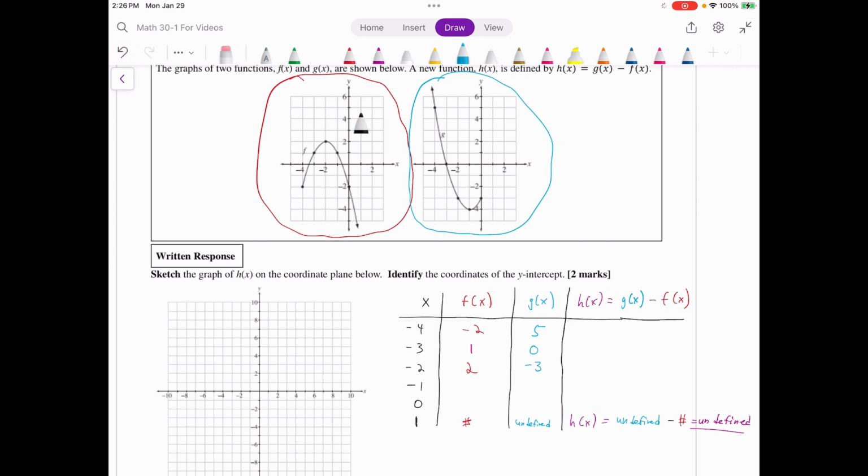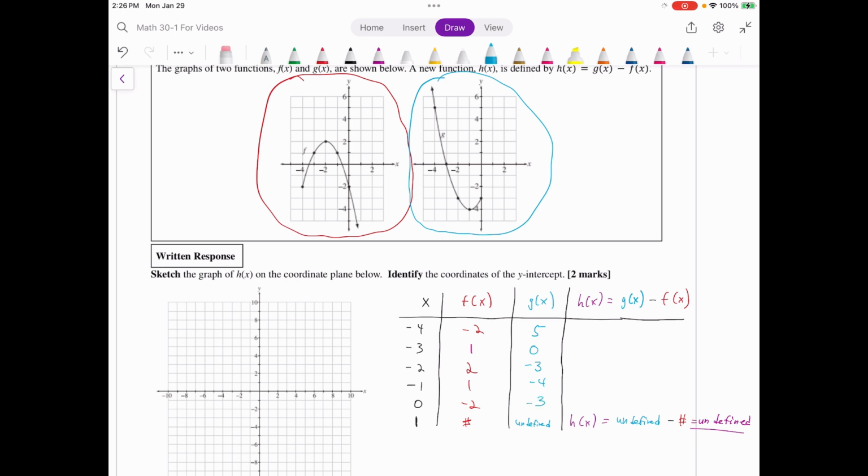When x is negative 1, f is positive 1. G is negative 4. And finally, when x is 0, f of x is negative 2, and g of x is negative 3.